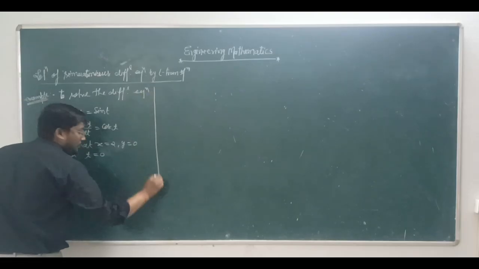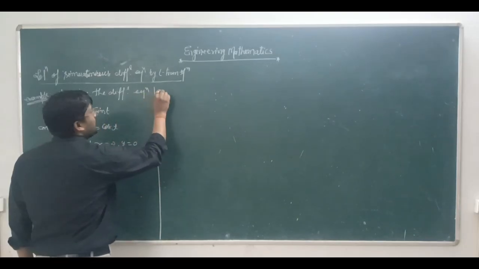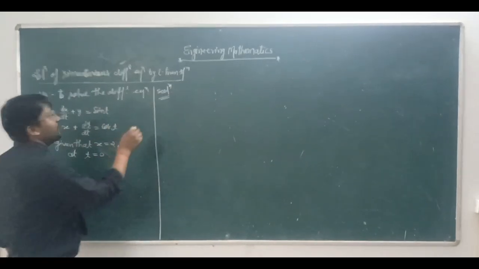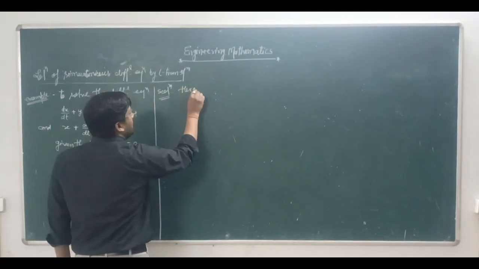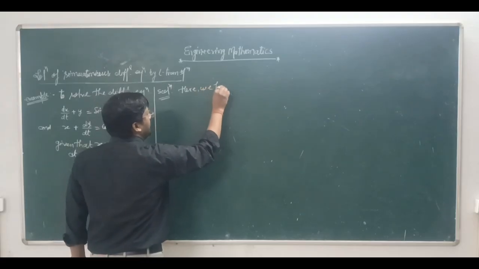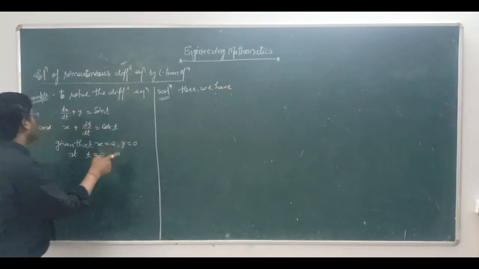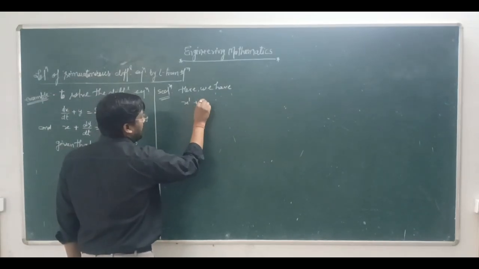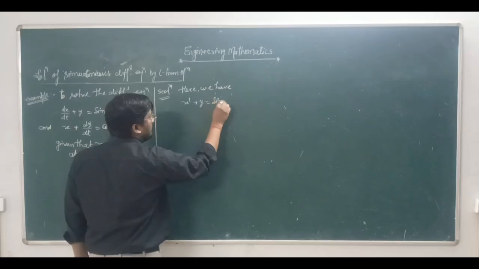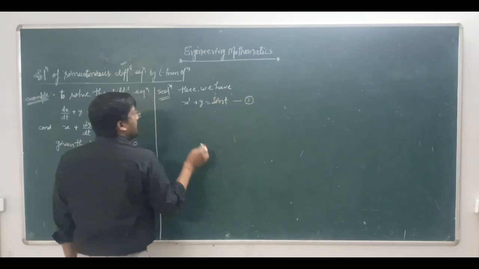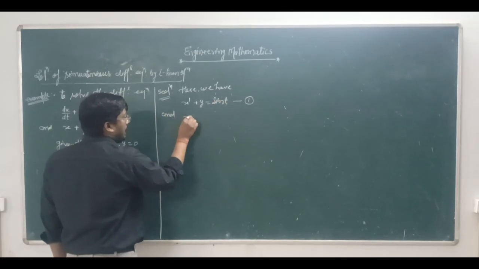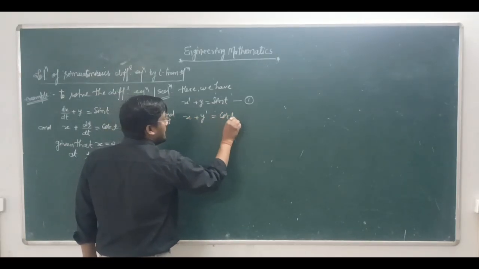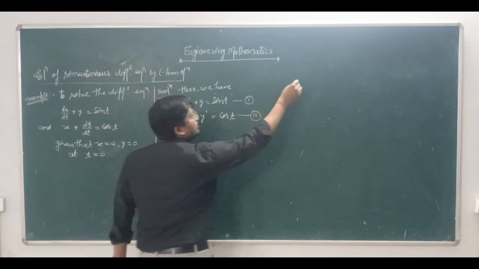Now the solution of this problem. Here we have x dash plus y is equal to sin t, this is equation number first, and x plus y dash is equal to cos t, equation number second.